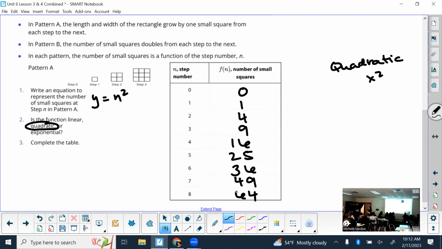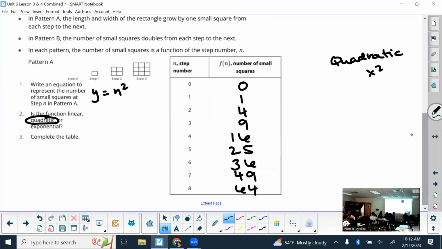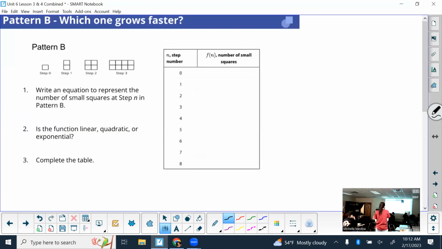Not a big deal. Questions on that? I'm going to scroll down to pattern B. Hopefully, or it's on the next page, so I can't scroll down. Hopefully someone in your group has it, or you can get it from Schoology. It's quadratic.